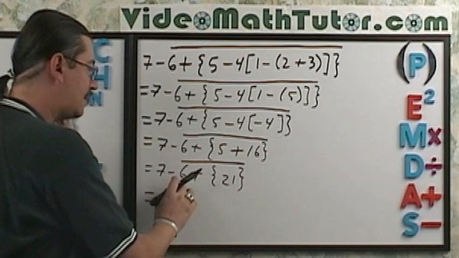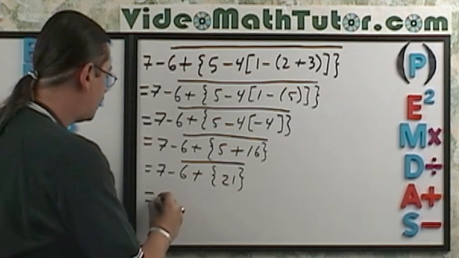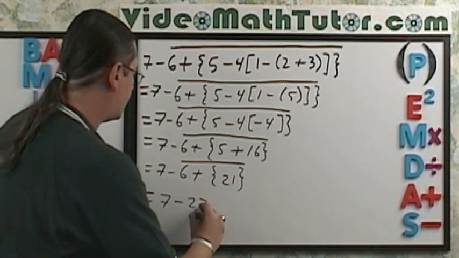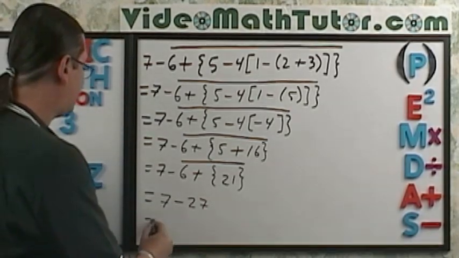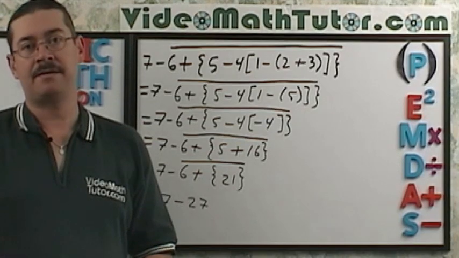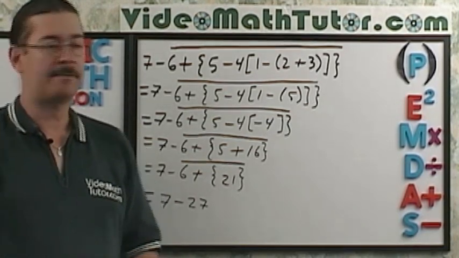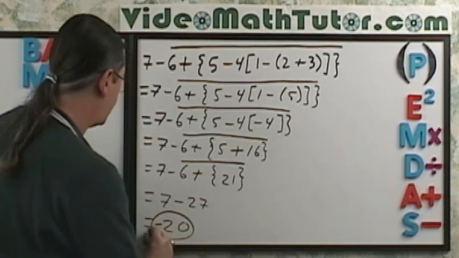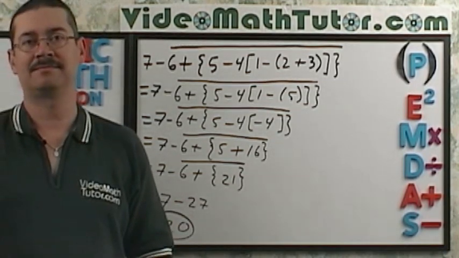So you have 6 plus 21, and that's going to be done next. So that's going to be 27. And then 7 minus 27 is -20.